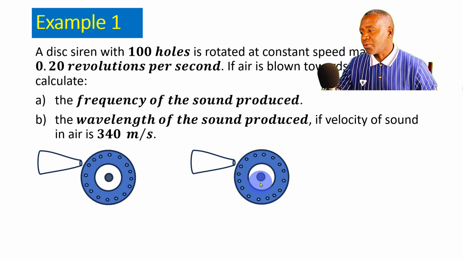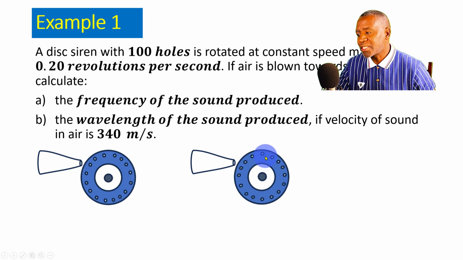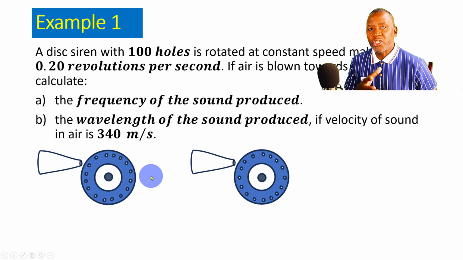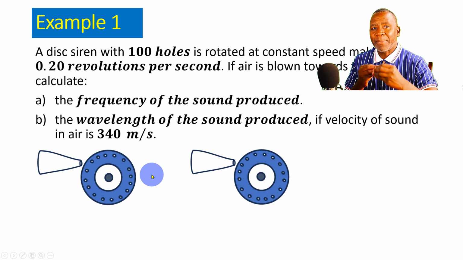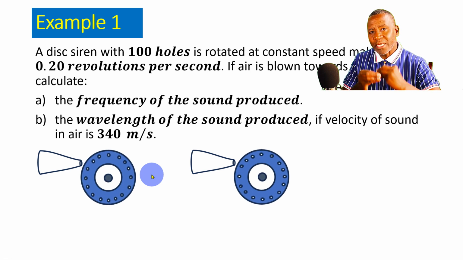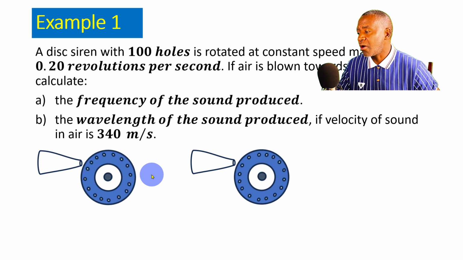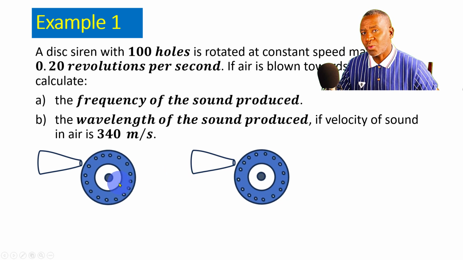So the second one is going to have a higher frequency than the first one. So remember, the frequency is the repetition, the rate at which a particular event is repeated. That is the frequency. So here we're talking about frequency of sound. This one will have a higher frequency than this one.